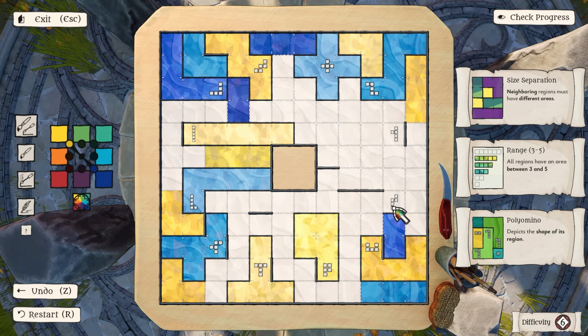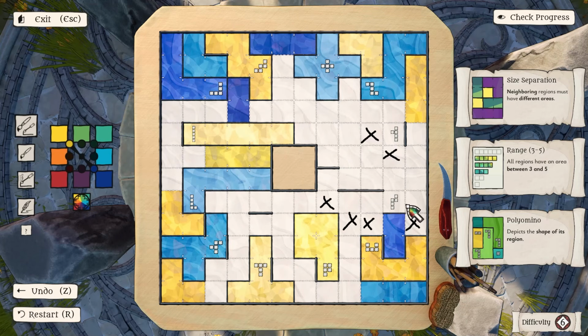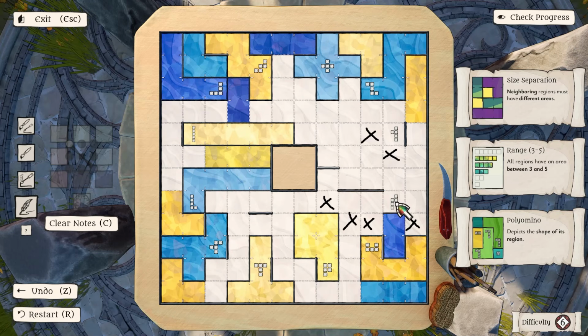Something else. Can I get you in now? Maybe I can. Can't go here. Can't go here. Can't go here or here or here or here. Also can't. Well, we could trap that in. That's fine because it's not trapped. It's got a friend to go to. Yeah, I can't go there as well.